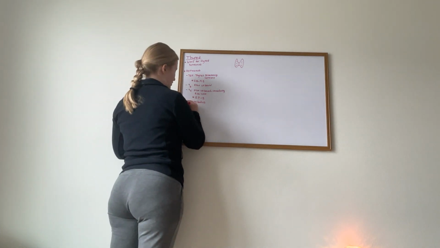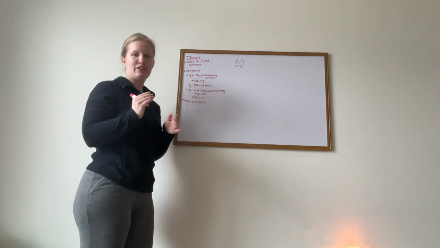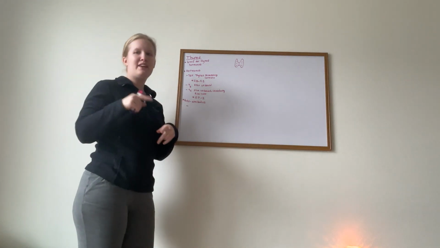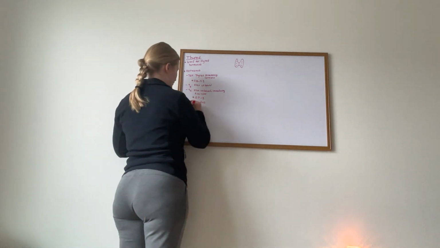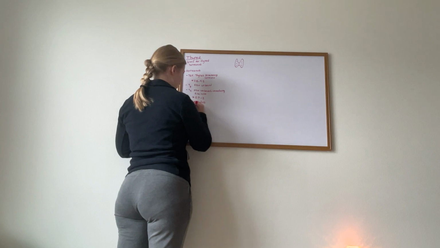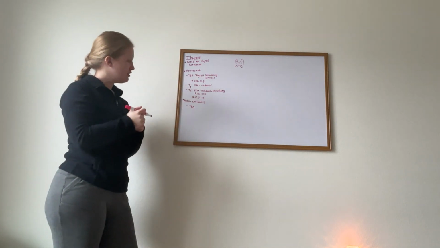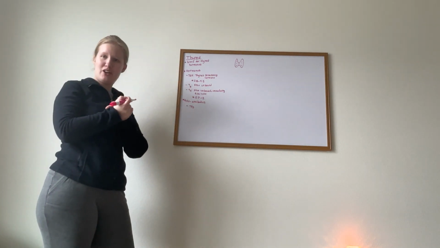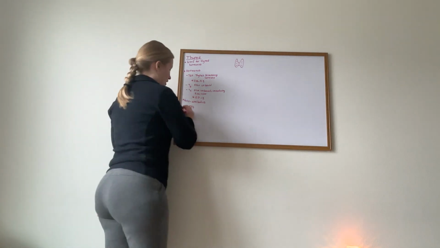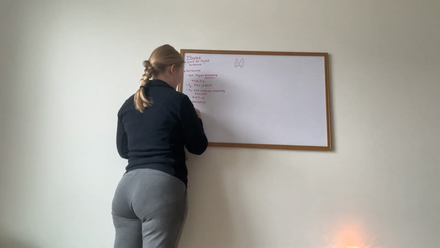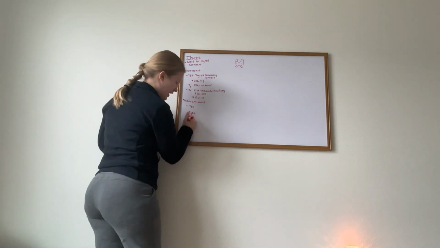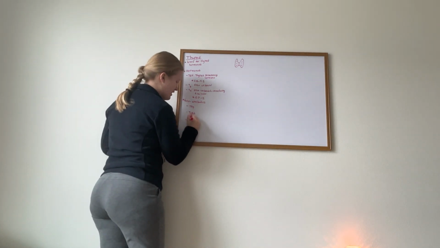So the first one, and our main one of importance for this video, is TPO. Pretty sure it's thyroid peroxidase antibody. The next one is TGAB. And then lastly, we have TSI.